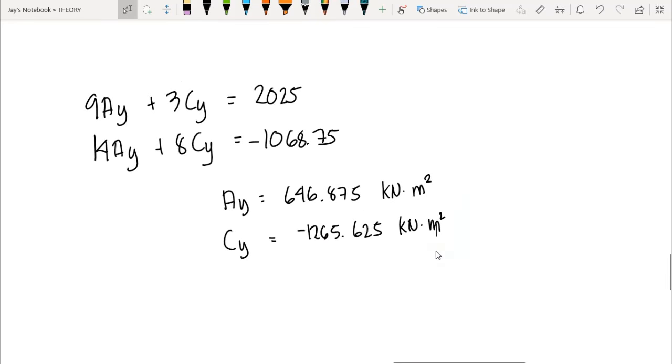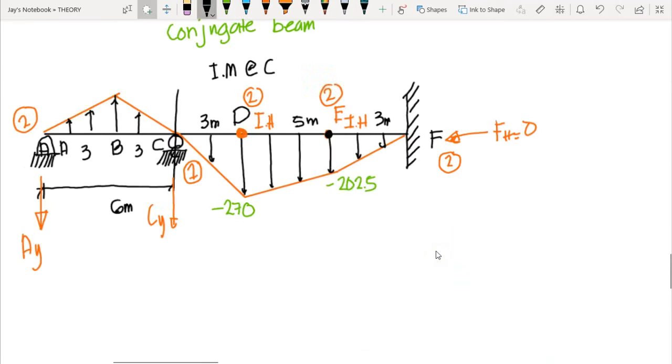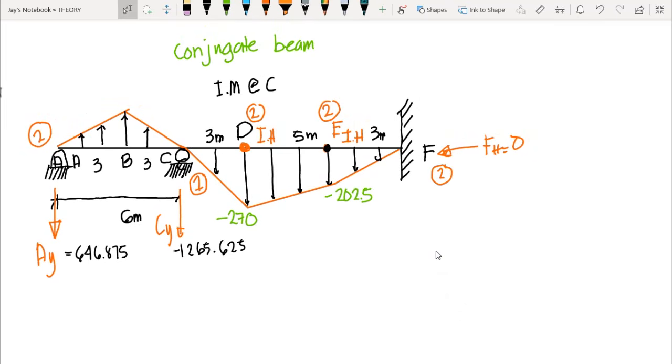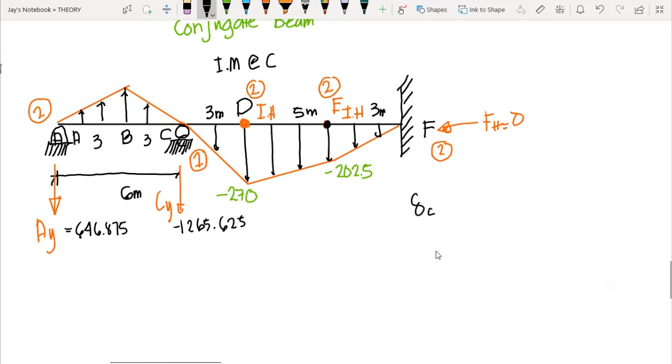So we have now the reactions at AY and CY. So we have AY is equal to 646.875 and CY is negative 1265.625.